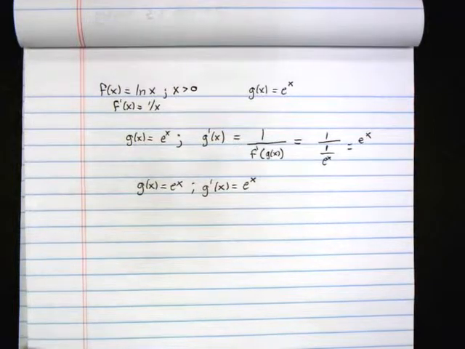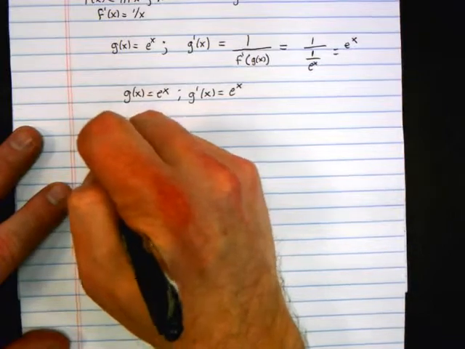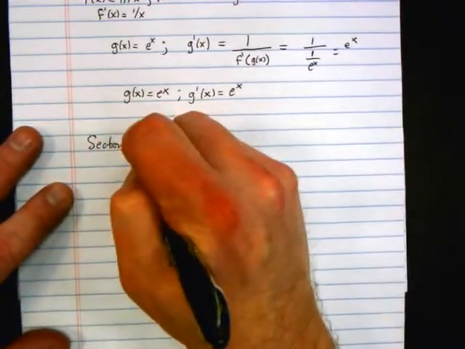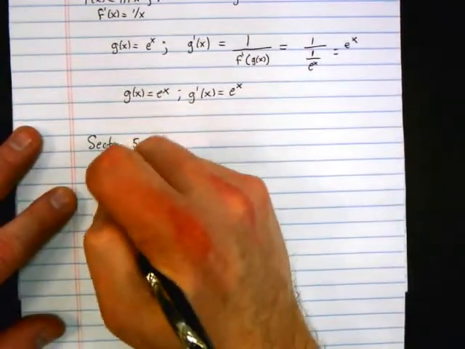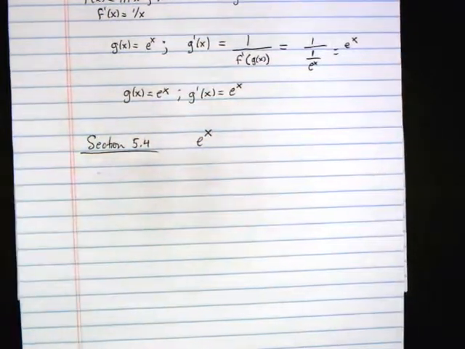All right, so that brings us right into section 5.4. Section 5.4 is all about the function e to the x.